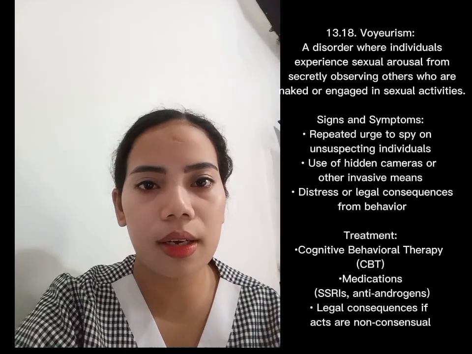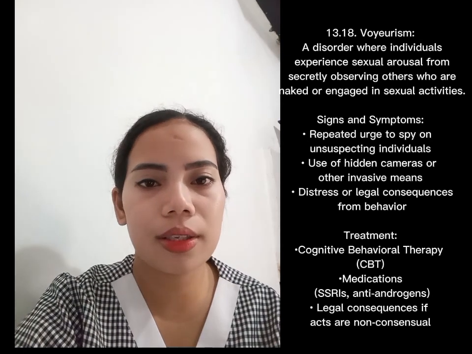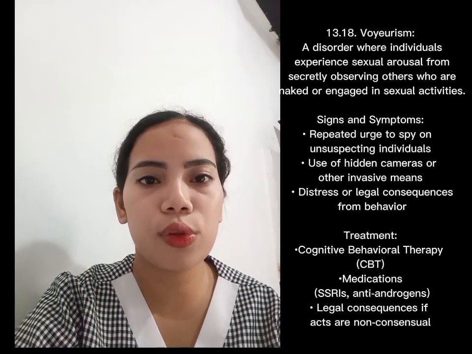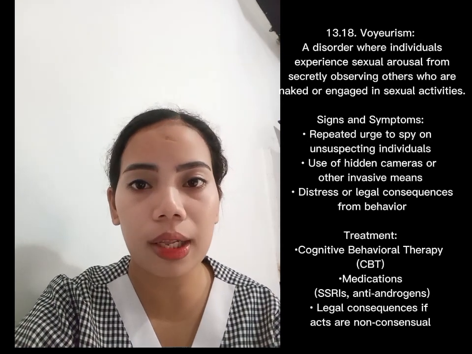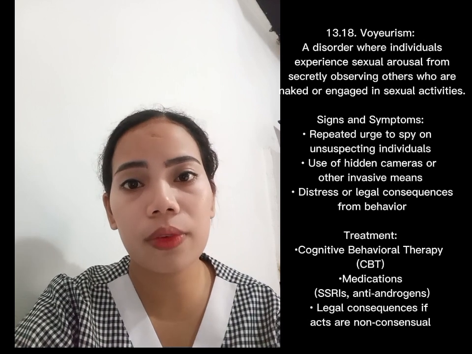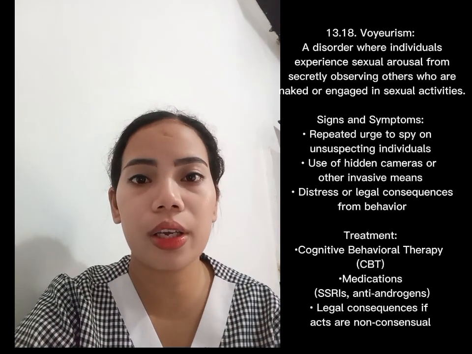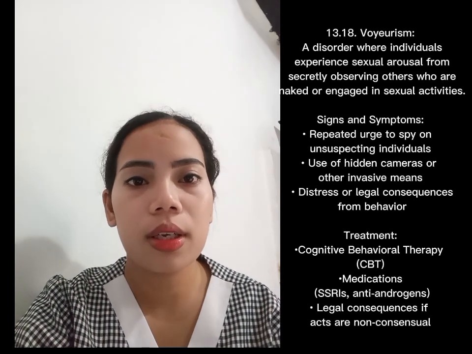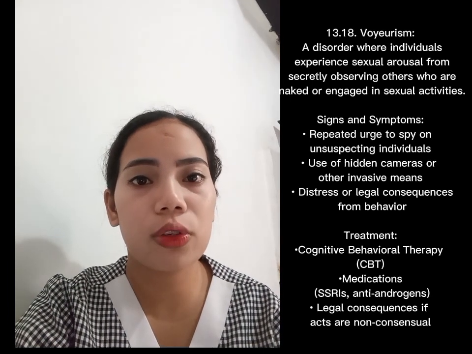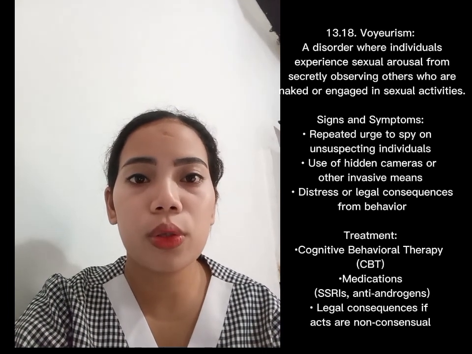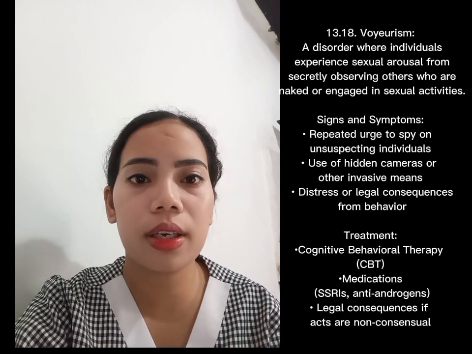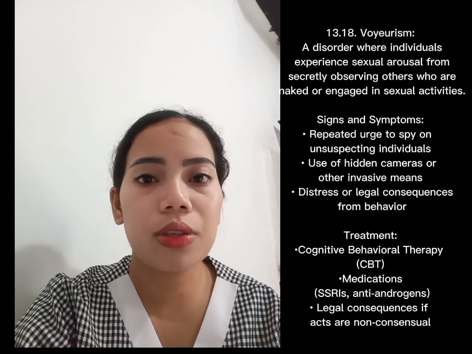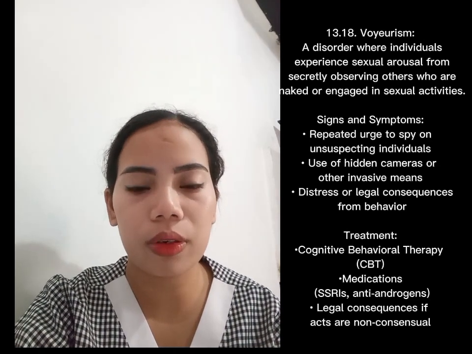Next is voyeurism, which is a disorder where individuals experience sexual arousal from secretly observing others who are naked or engaged in sexual activities. For the signs and symptoms: repeated urge to spy on unsuspecting individuals, use of hidden cameras or other invasive means, distress or legal consequences from the behavior.